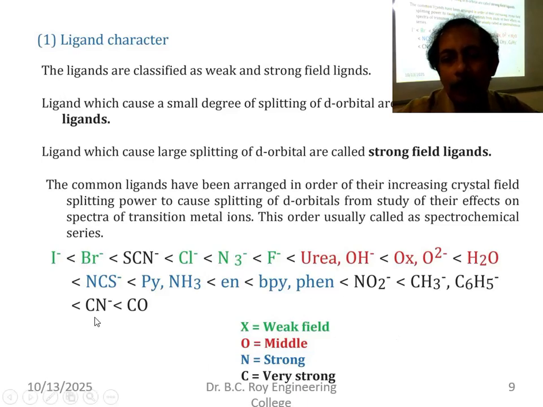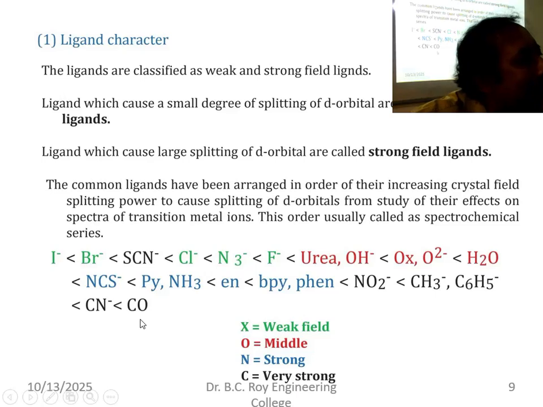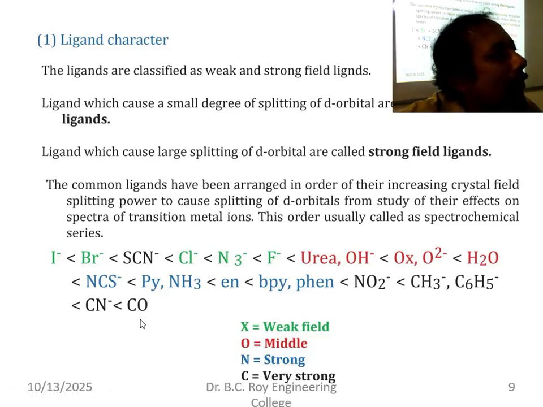Now CN- and CO is the highest, topmost. Why? Because back bonding is possible. Partial double bond character is happening, as I already clarified. Are you clear, or should I draw on the board and clarify the back bonding phenomenon?